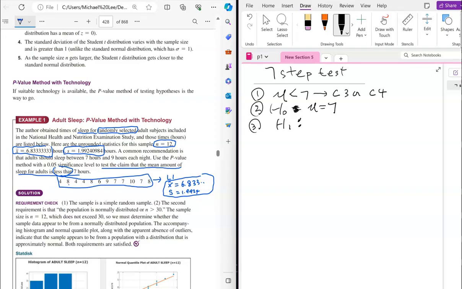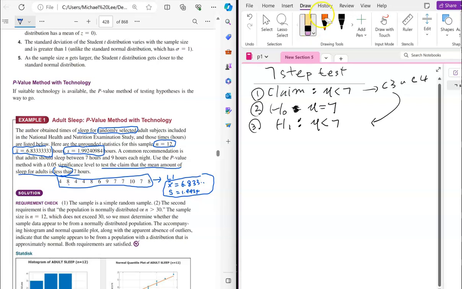Alternative hypothesis, is less than, same as the claim. I have to say the claim first: mu is less than 7. So this is case 3 or case 4, and this is the same as H1, and the claim is the same. Why the same? Because the claim has no equal sign.